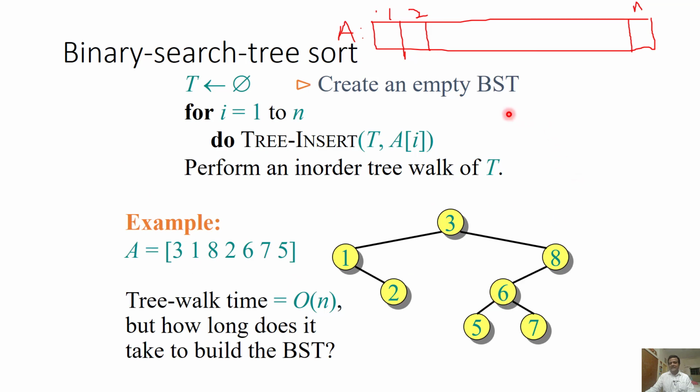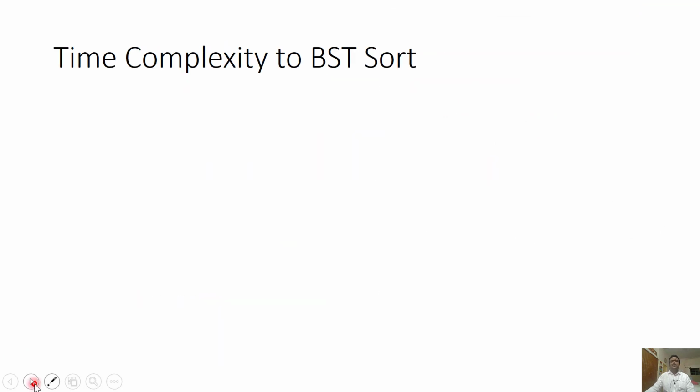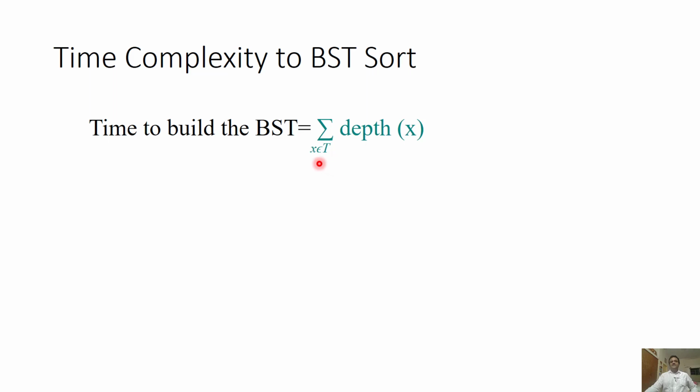So if the tree is like this, when will the tree be like this? We will see some examples. So now let us discuss the time complexity for BST sort, which will fully depend on the build BST. So the time to build BST is basically a summation of the depth of x, where x is in the tree.